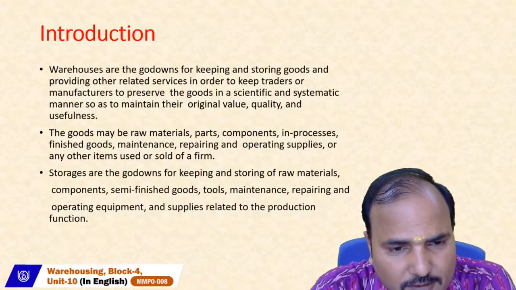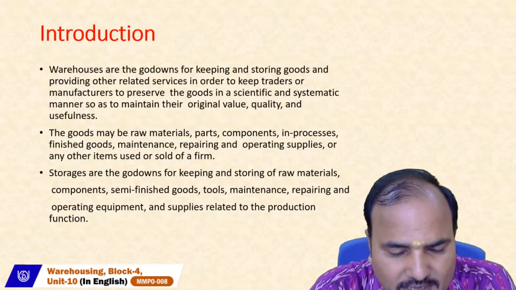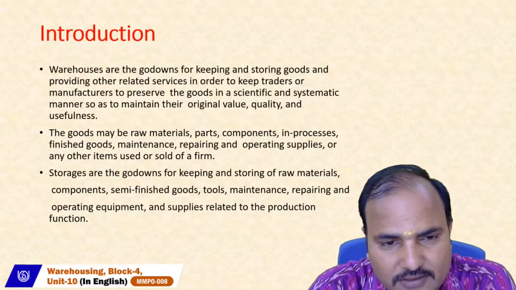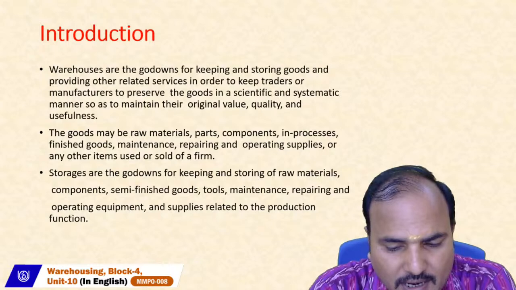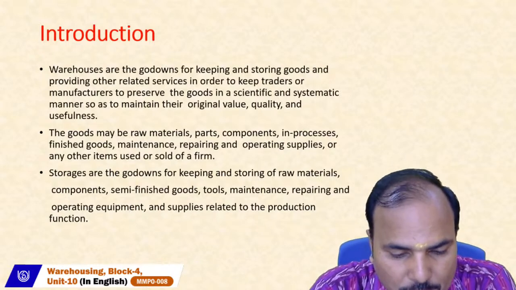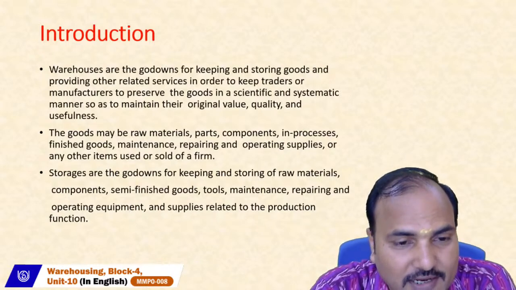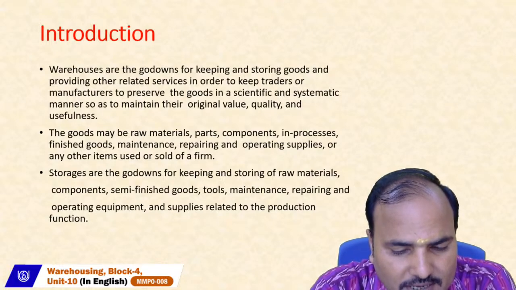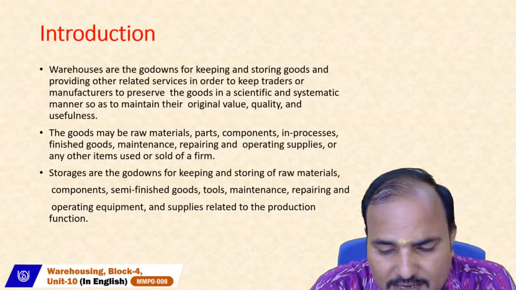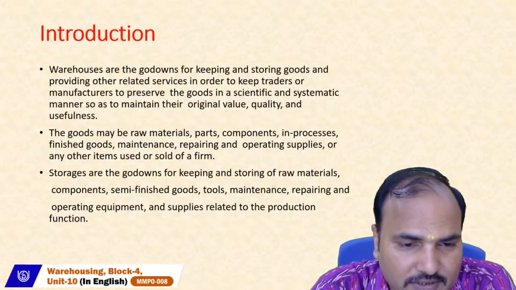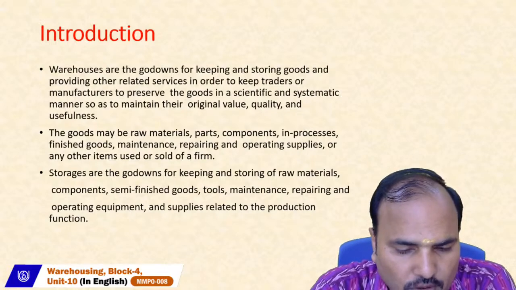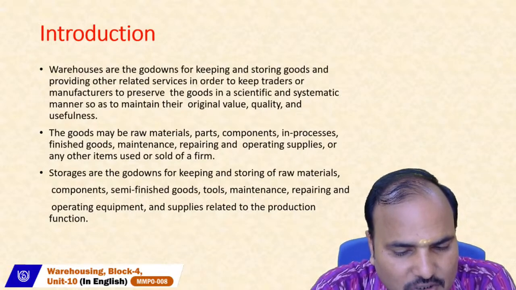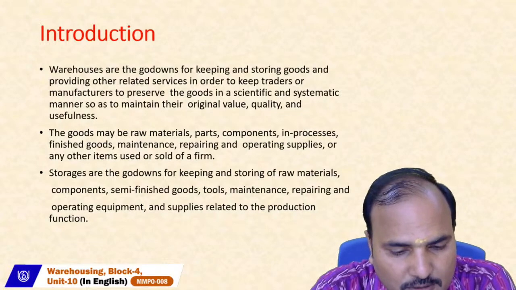consolidation and distribution. In this system, goods from different suppliers are consolidated at the warehouse before being shipped internationally. And after import also, the products are deconsolidated and distributed to different locations. So the two roles are buffer against delays and consolidation and distribution.